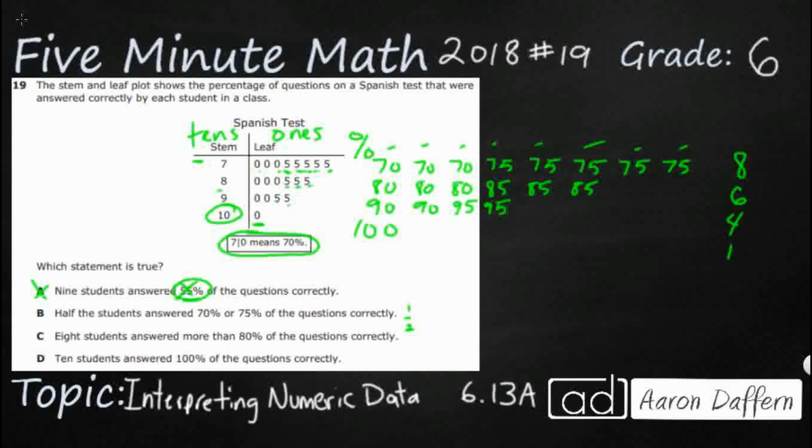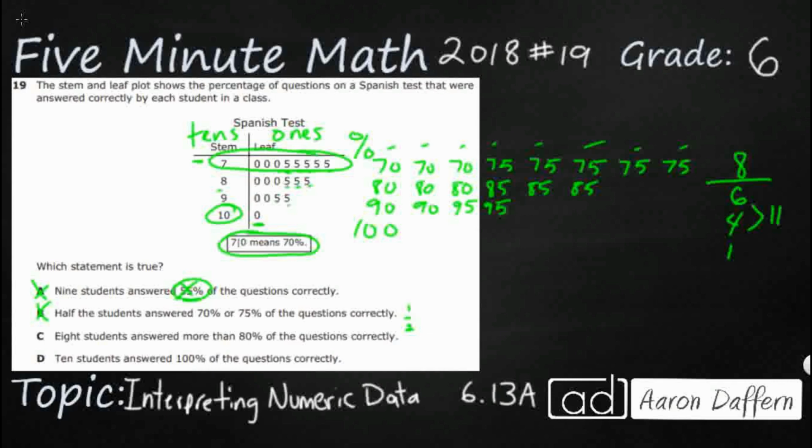So that's not going to work, because we've got 8 that got 70 or 75. And if you count those up, that makes 11. We have 11 that had anything other than 70 or 75. So that's not going to work, but that was a decent idea, because 70 or 75 is the biggest stem. So unless you're counting up visually, you might think, oh yeah, that might be half.